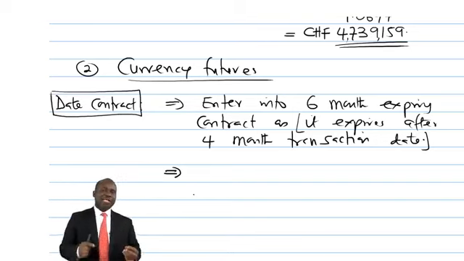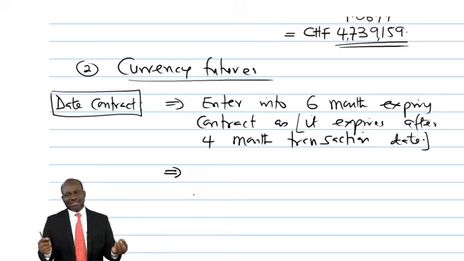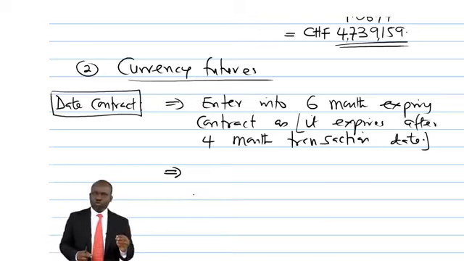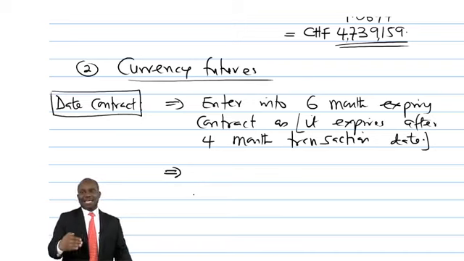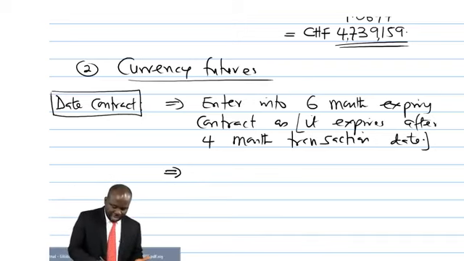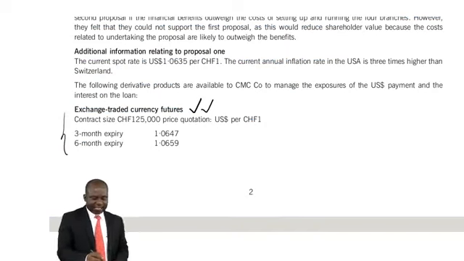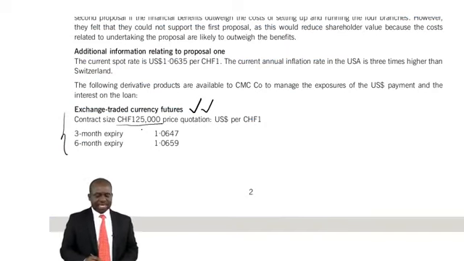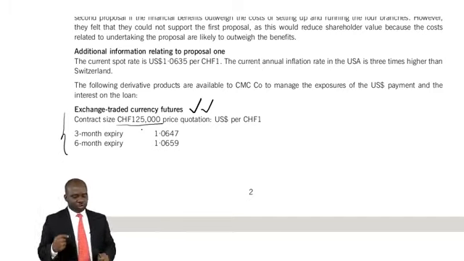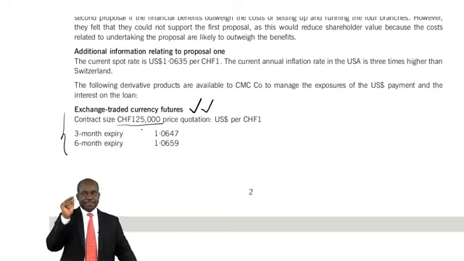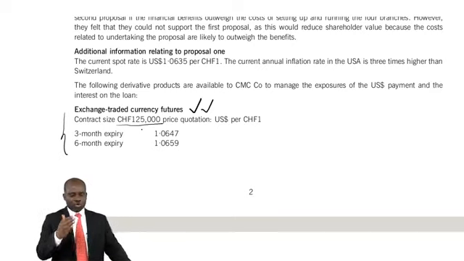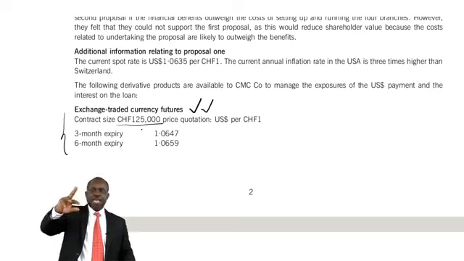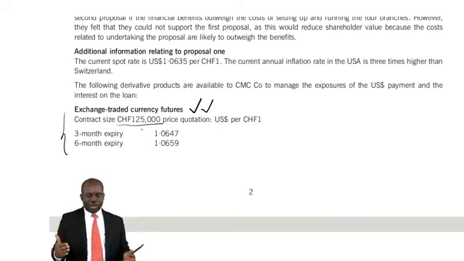So if you look at the contract size, what currency is the contract size? The contract size currency is the currency that you can buy or sell under the futures contract. So when we come to this very question, they're telling us that the futures contract is in the size of 125,000 CHF. The meaning is this contract will give you the obligation to buy or sell CHFs in multiples of 125,000.